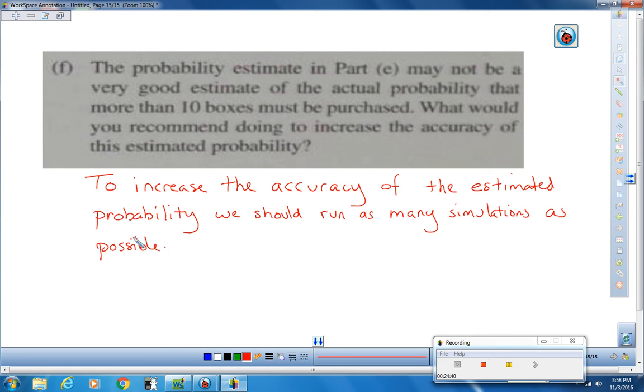The more, the better. The more we run, the more accurate our estimation will be.